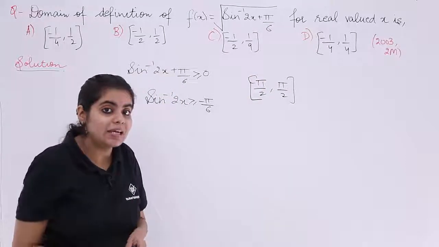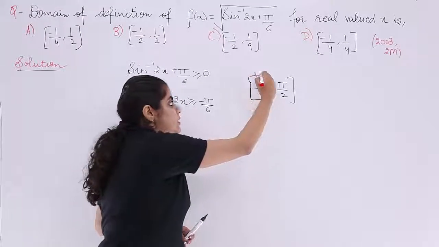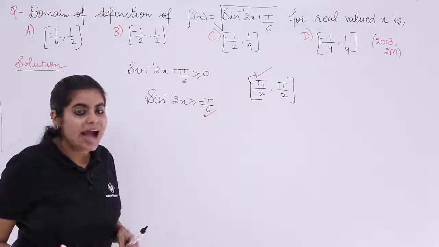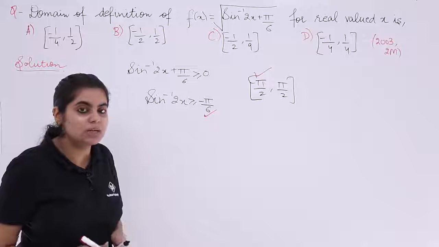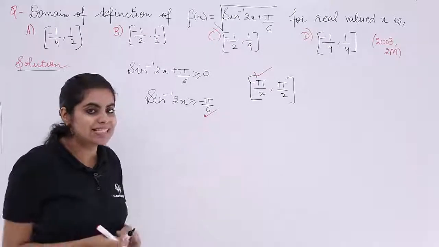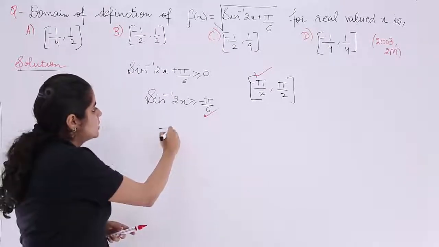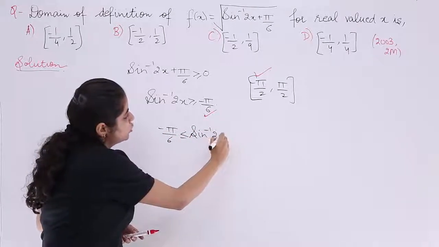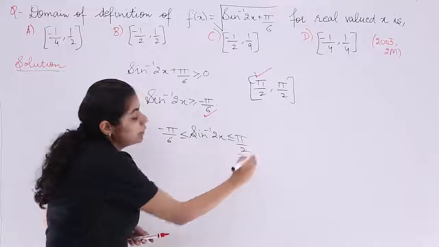Now, compare the left hand value, minus pi by 2, with minus pi by 6. Combining these two things, I have finally minus pi by 6 less than equal to sine inverse 2x less than equal to pi by 2.